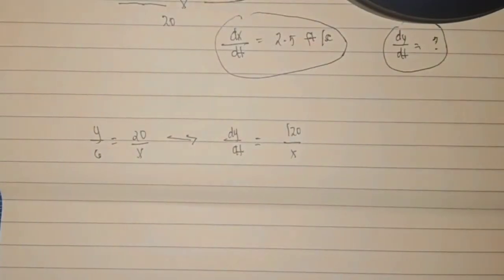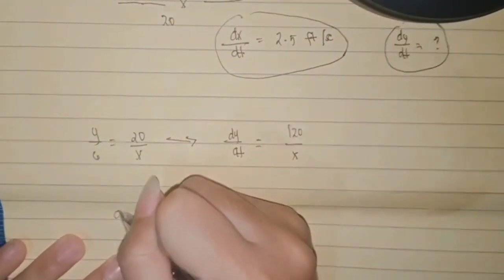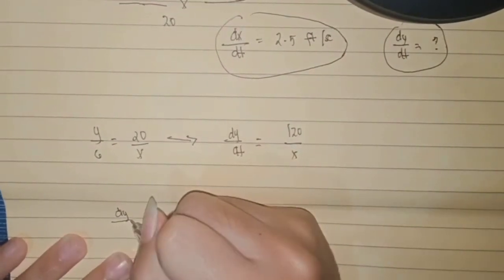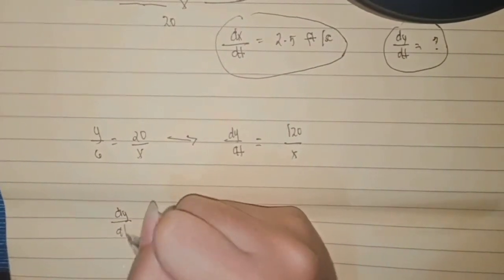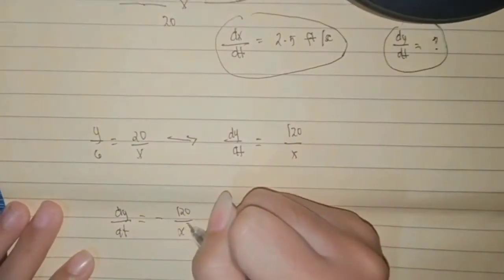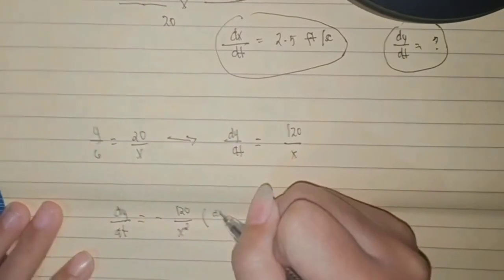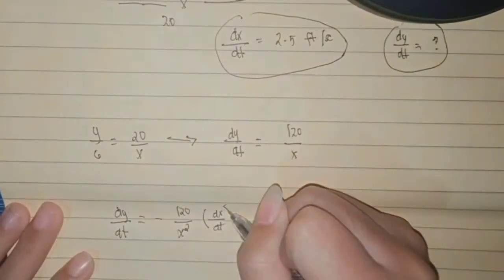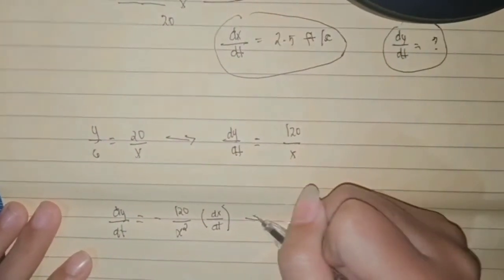And now, ang gagawin na lang natin ay to differentiate and plug values in to solve para makuha yung dy over dt. dy over dt equals negative 120 over x squared multiplied by dx over dt. Now, let's substitute our given.